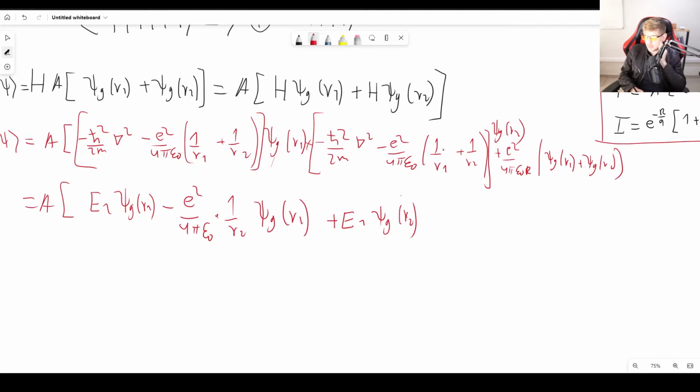But here there will also be this extra term, which will be minus e squared over 4 pi epsilon 0 times 1 over r1 this time, because that is the one that isn't included in the Hamiltonian for r2.